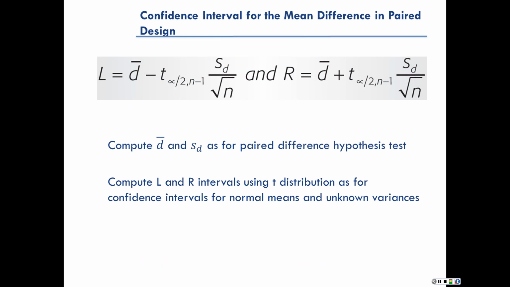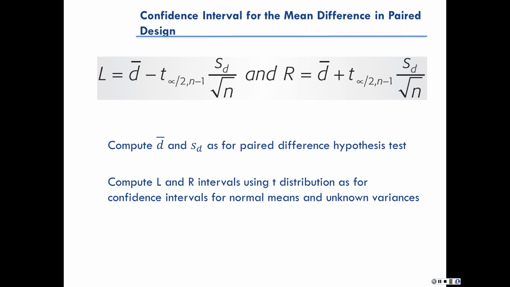Just real quickly, it's also possible to construct confidence intervals for the mean difference in the paired design. This is the same as the confidence intervals that I showed you for the single group mean. The only difference is that instead of x bar, you're looking at d bar, so you have to compute the mean differences.